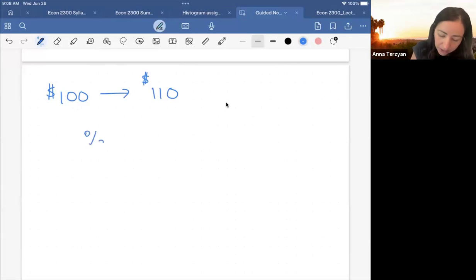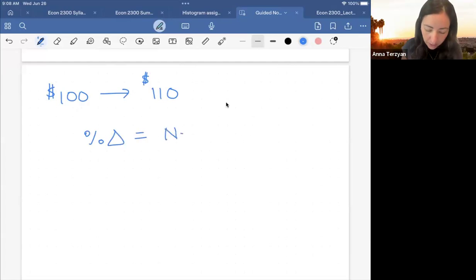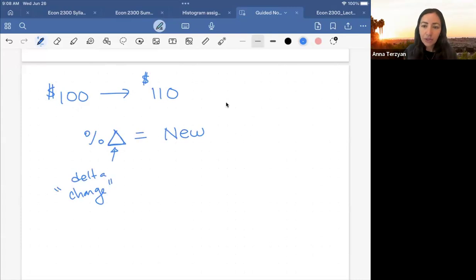So the way we calculate that, let's just set this up. Percentage change calculation is typically done new... By the way, sorry, I forgot. This delta symbol, this triangle, is read as delta. And in economics language, we use that to represent the word change.